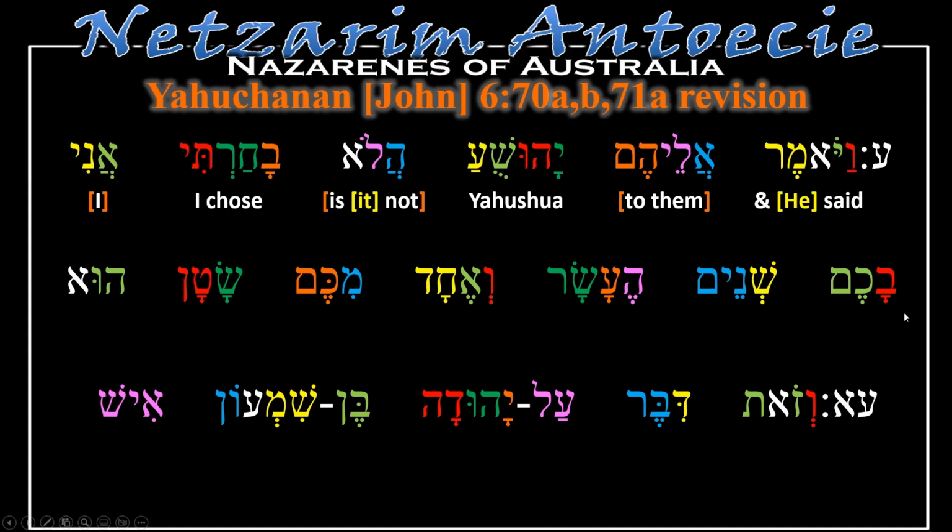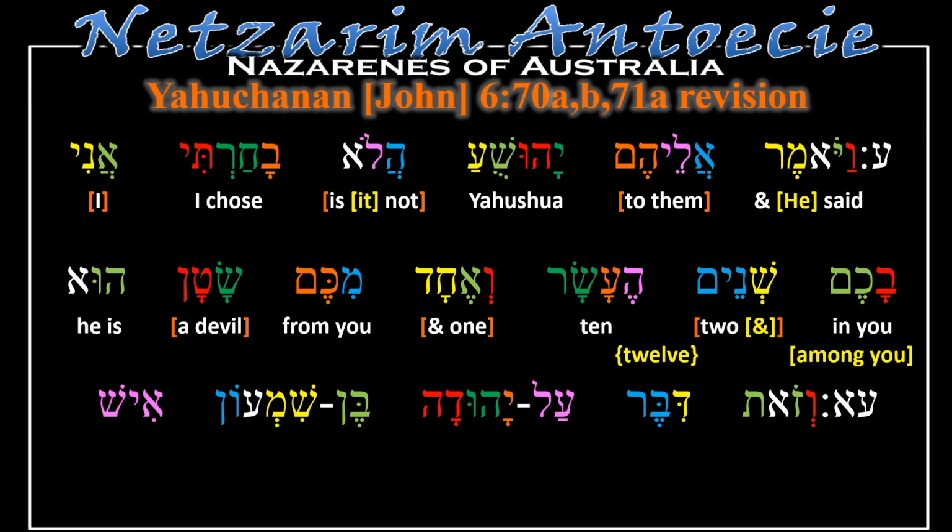Bakem, in you, often translated among you, shanaim, 2, and he'asar, and the 10, which of course means the 12. Ve'echad, and one, mikem, from you, that's a plural you, satan, a devil or an adversary, who he is. In you, 2 and 10, and one from you, a devil he is.